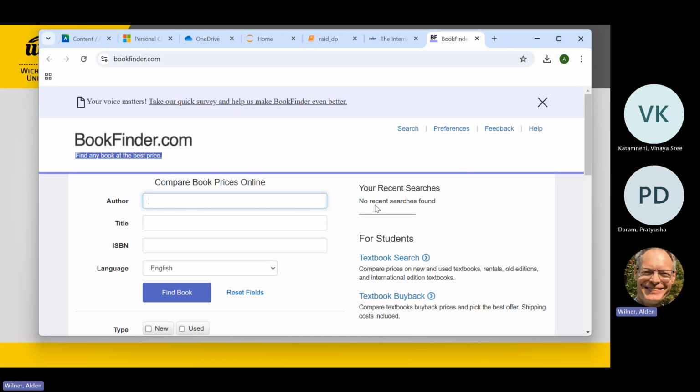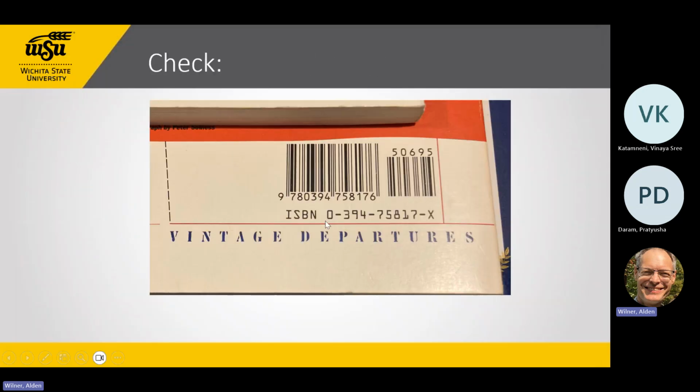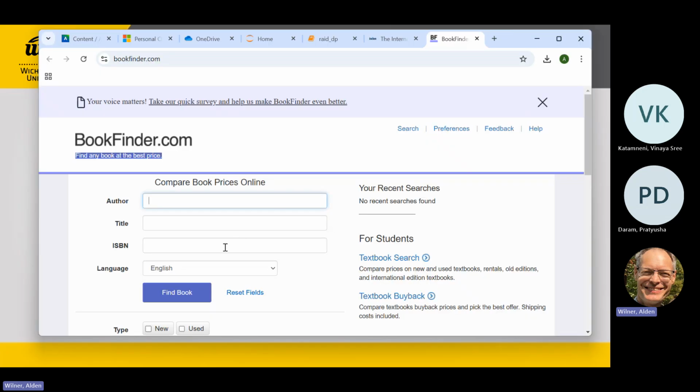Some of those books are humorous just because they have strange titles. So if you're curious to find out what the title of the book is, you can go up to this slide here, type in 0394 75817-X.